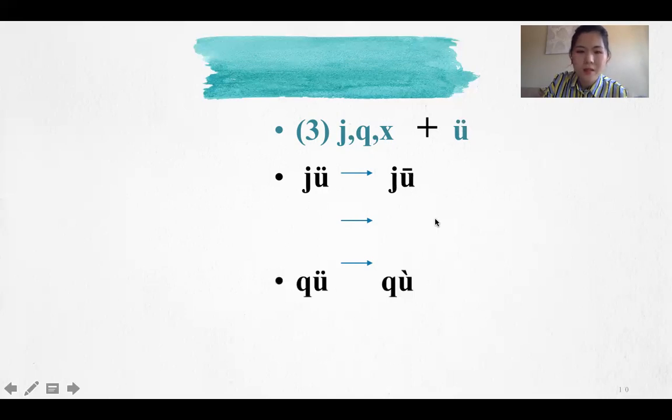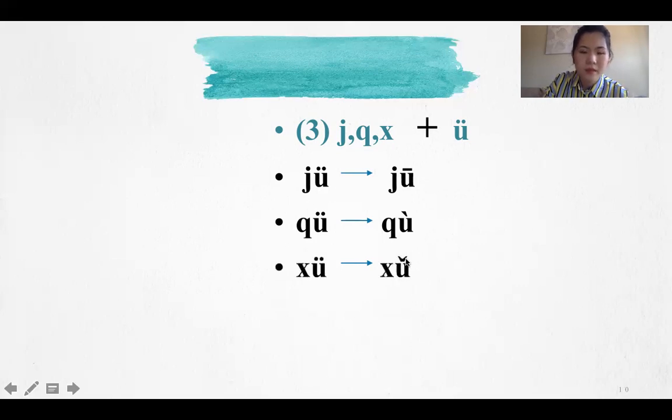Okay, so qi and yü, qu, right? With fourth tone, qù. So without the dots, qù. This one, xu, and also without the dots, xǔ, third tone. And there are two exceptions too. When other initials go with yü, except for ji, qi, xi, it doesn't change at all.